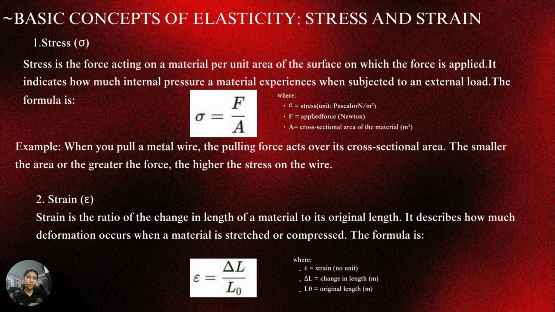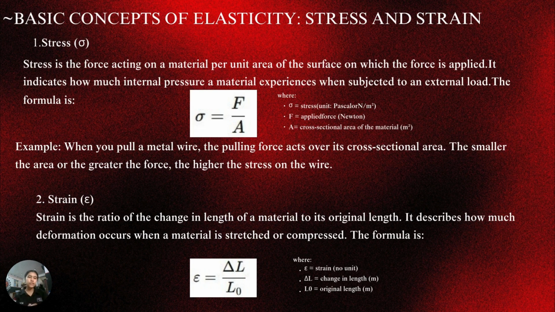The formula is sigma equals F over A, where sigma is stress, F is the applied force, and A is the cross-sectional area of the material. Example: when you pull a metal wire, the pulling force acts over its cross-sectional area. The smaller the area or the greater the force, the higher the stress on the wire.